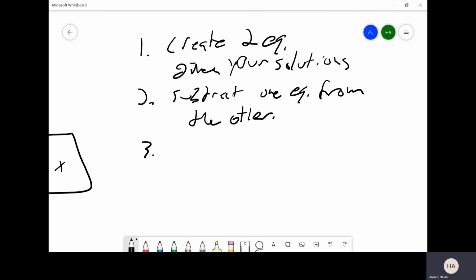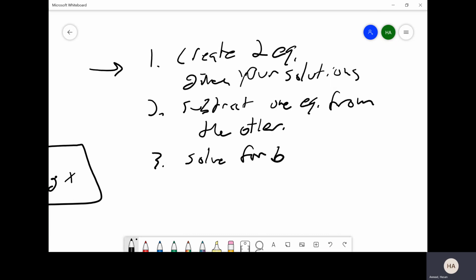The third step is you're going to simplify and solve for b, okay? So solve for b. You're going to plug b back into either of the equations that you set up, right? Because again, from step 1, you set up 2 different equations, right? So plug b into either equation and solve for the other variable, which is a.